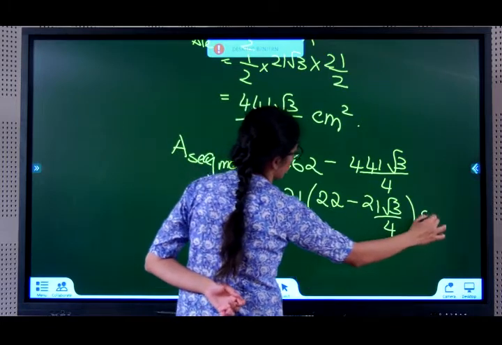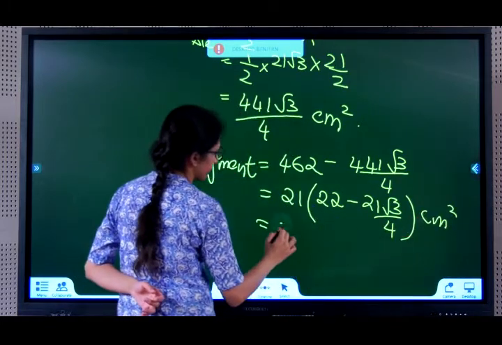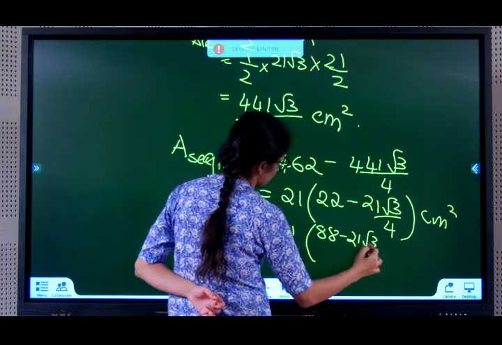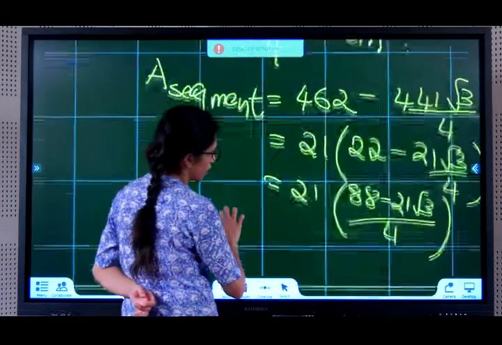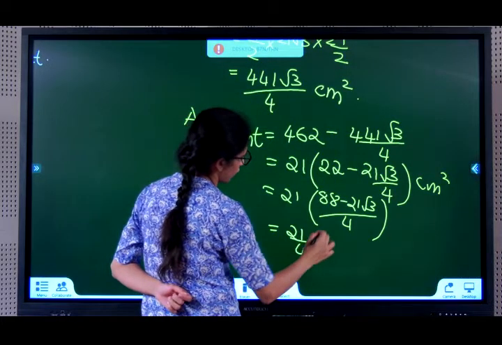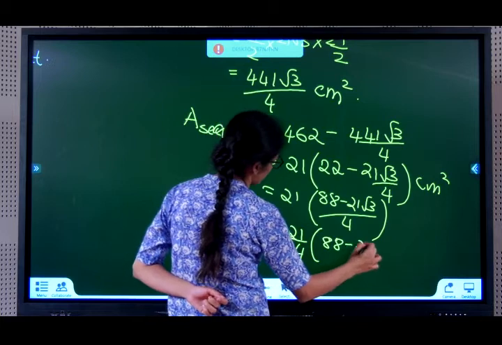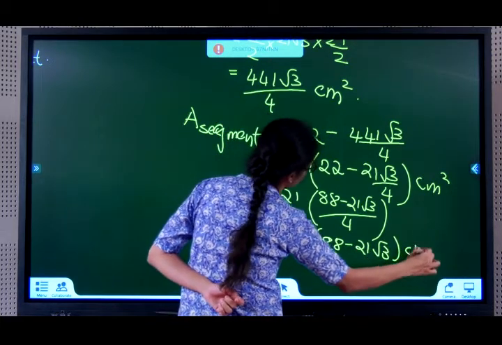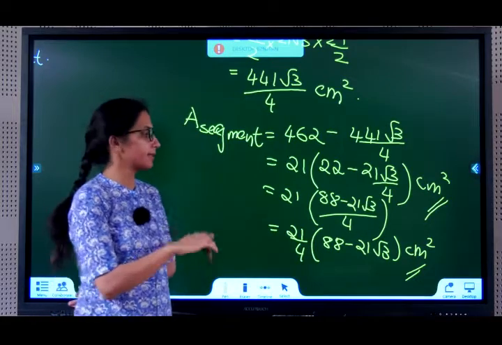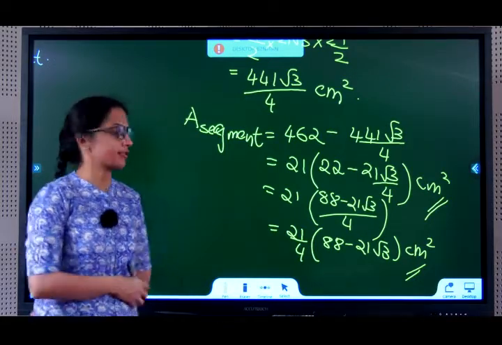You can stop here or you can take LCM, so it becomes 21 into 88 minus root 3 by 4. Take the 4 out, so it becomes 21 by 4 into 88 minus root 3 centimeter square. You can stop here, leave root 3 as it is. Don't substitute unless they tell you in the question that root 3 is 1.73 or so.